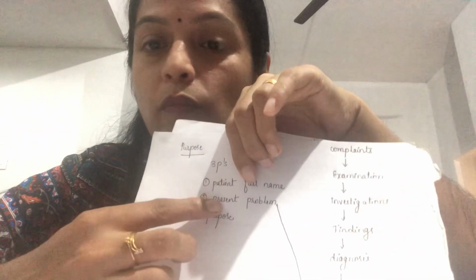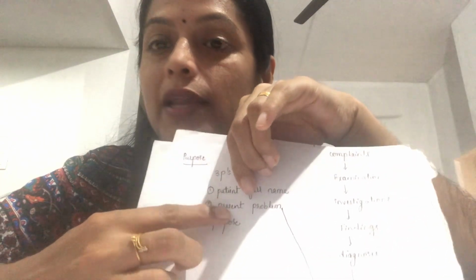Next, what do we need to write? The present problem. How do you need to select the present problem? In the case note, usually they mention the diagnosis, for example dementia.